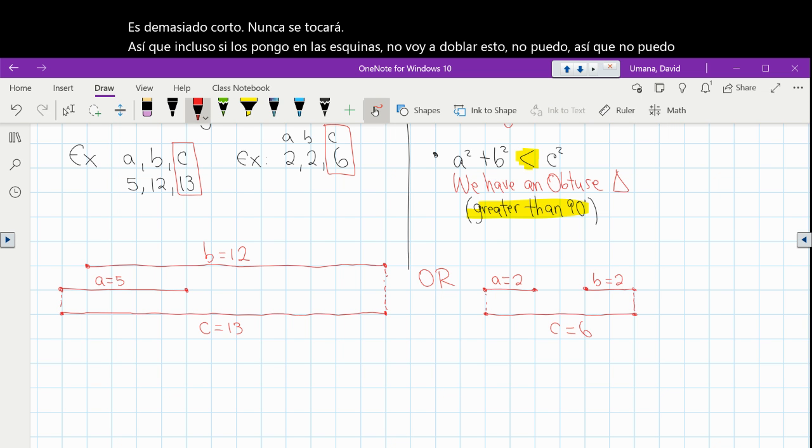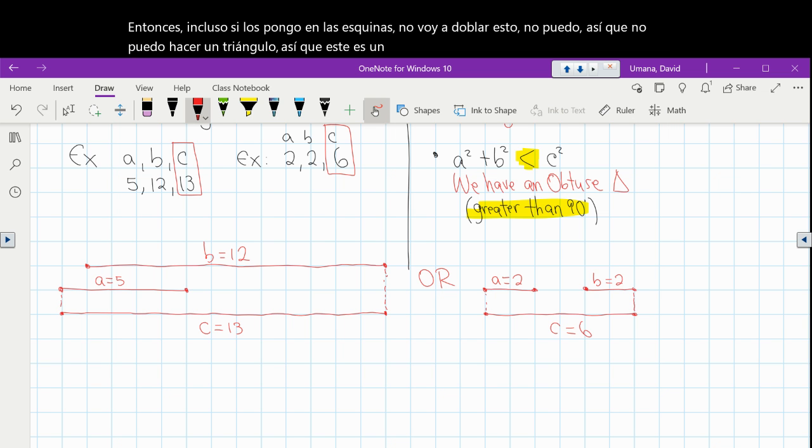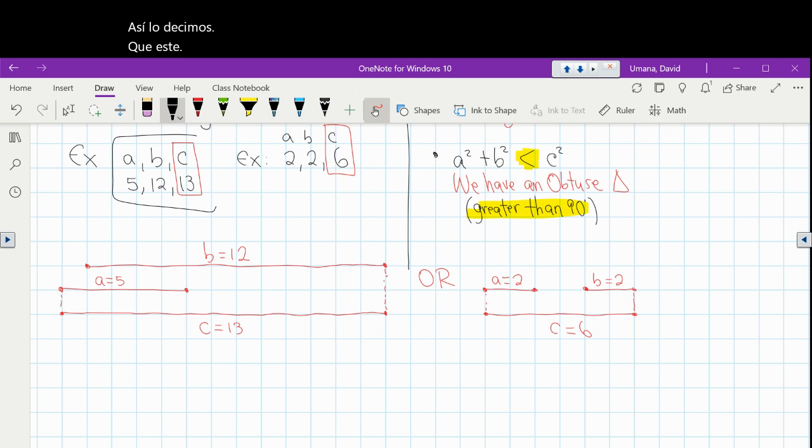So this is a triangle. This is not. So we say that this one makes a triangle. And we say that this one does not.